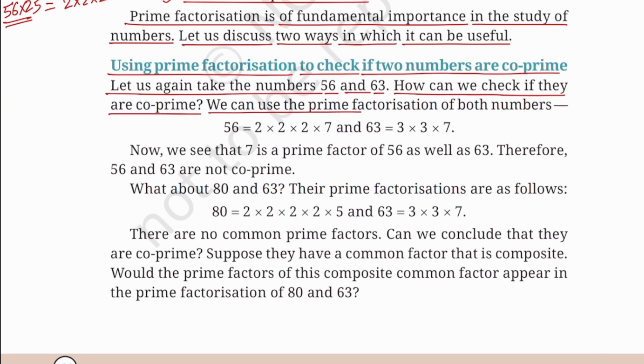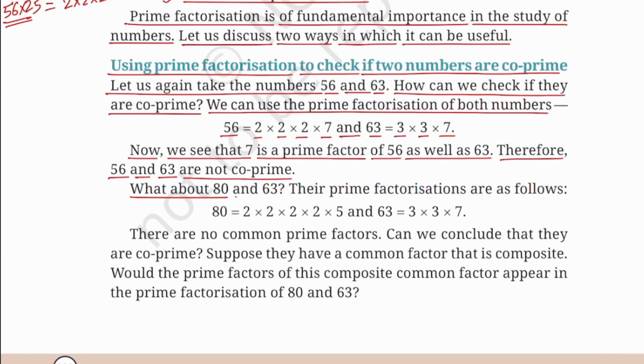We can use the prime factorization of both numbers. 56 is equal to 2 into 2 into 2 into 7 and 63 is equal to 3 into 3 into 7. Now we see that 7 is a prime factor of 56 as well as 63. Therefore, 56 and 63 are not co-prime.